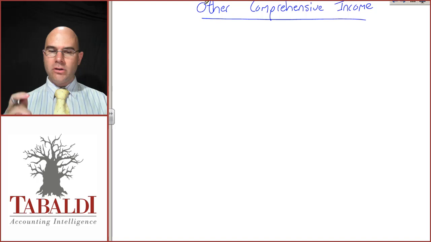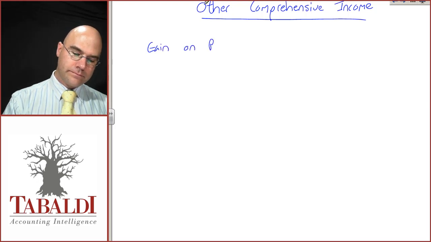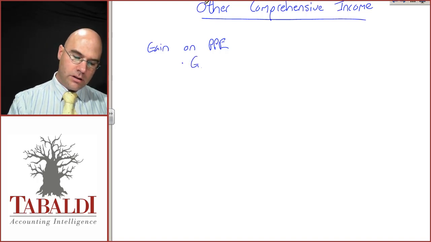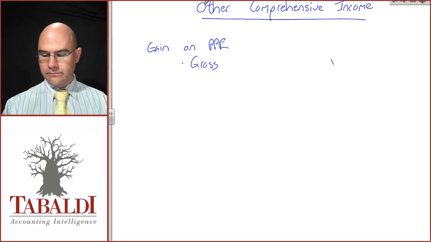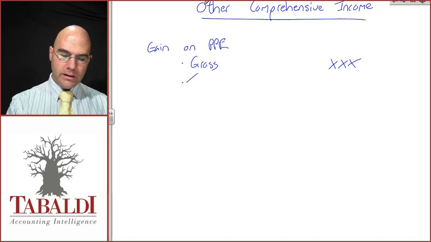Those items do not go through profit and loss, and therefore the tax effect does not go through profit and loss. What I do want you to do is think about the following. If OCI is made up of a gain on PPE, what I want you to do is have the gross effect disclosed, and then take off the tax effect.